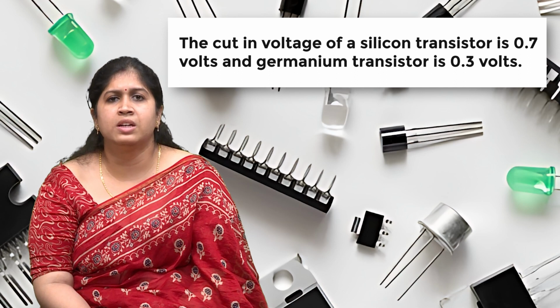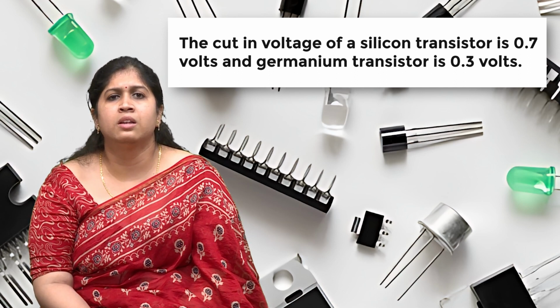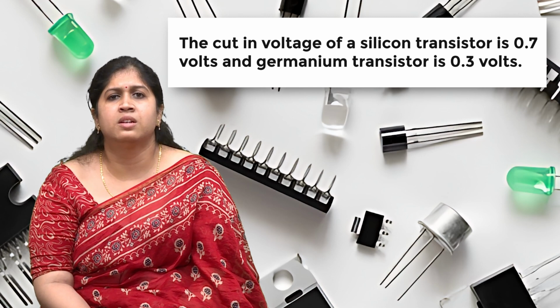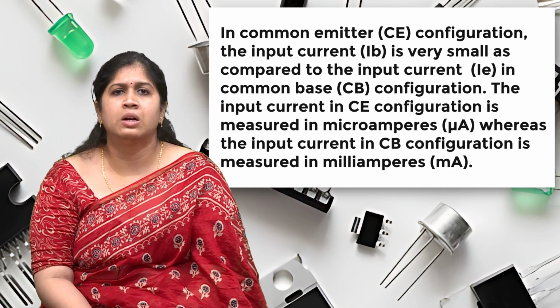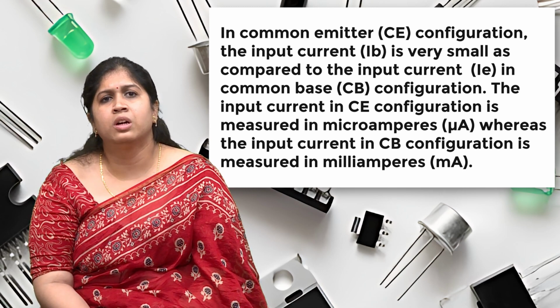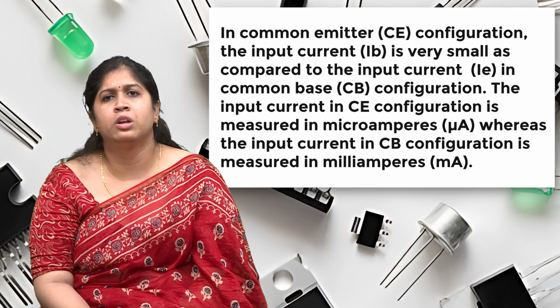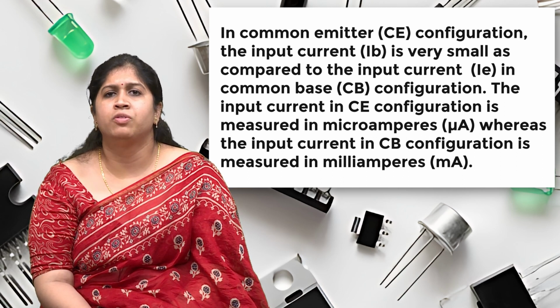The cut-in voltage of a silicon transistor is 0.7 volt and of a germanium transistor is 0.3 volt. In the input characteristic of the common emitter CE configuration, the input current IB is very small as compared to input current IE in the common base CB configuration.